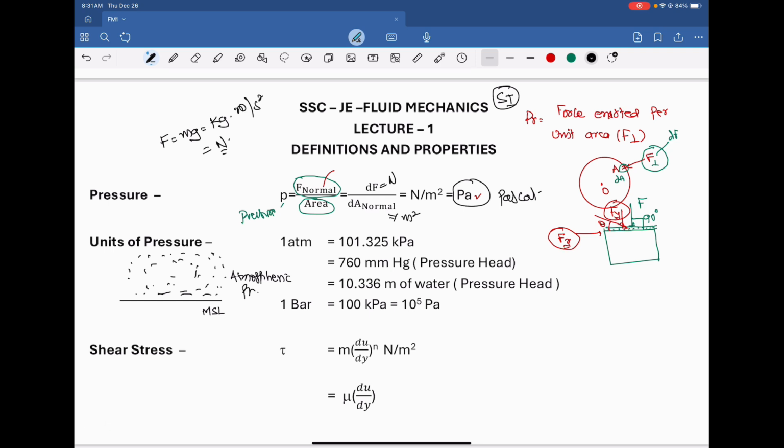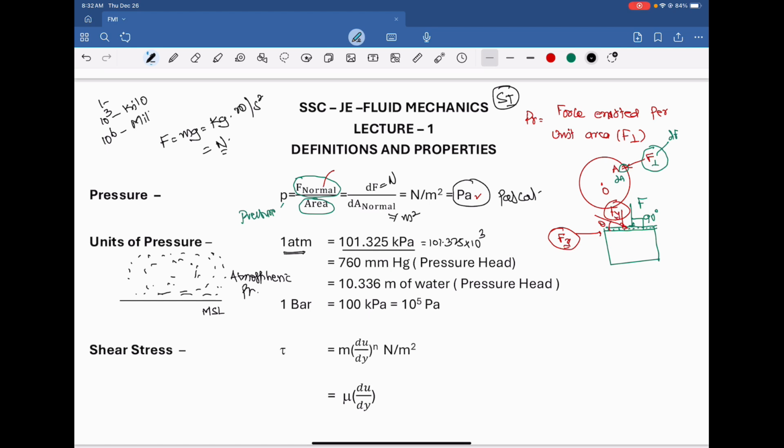The average value is taken as 101.325. Please remember this: 101.325 kilopascals. What is kilo? If a unit is there, it is 1, then 10 cube is equal to kilo. 10 to the power of 6 is equal to mega.